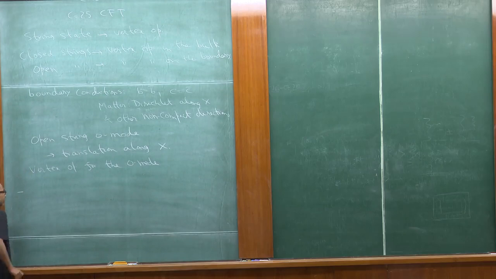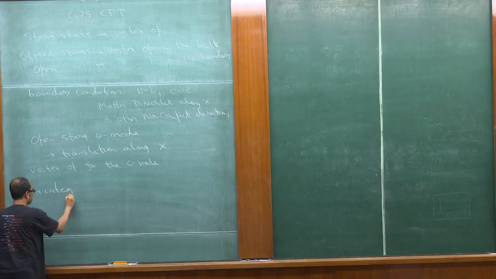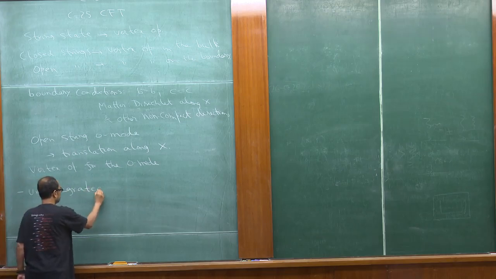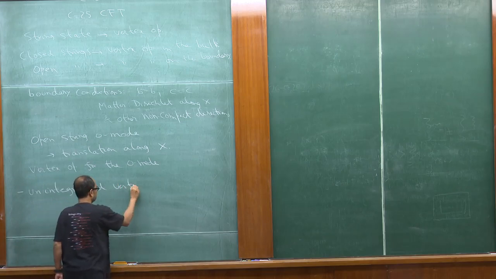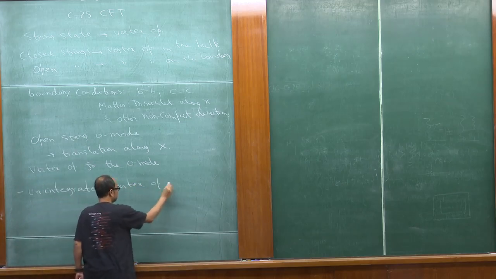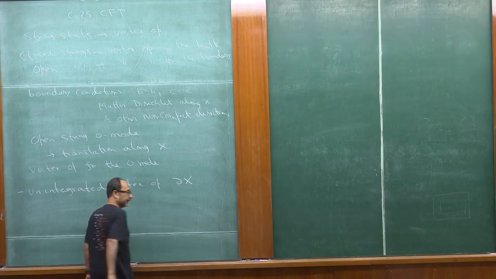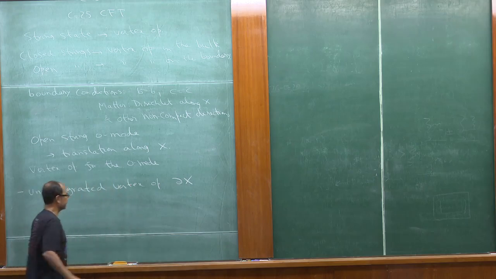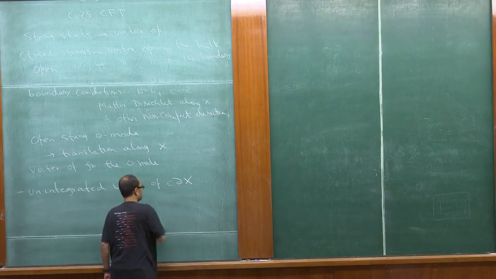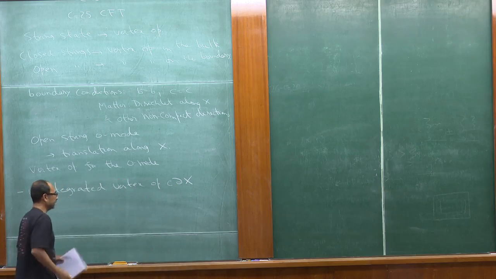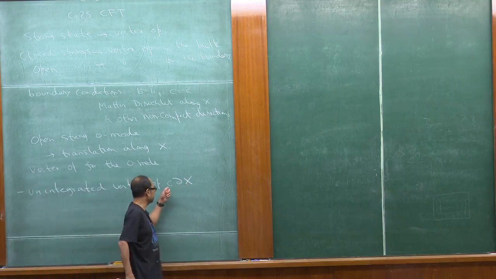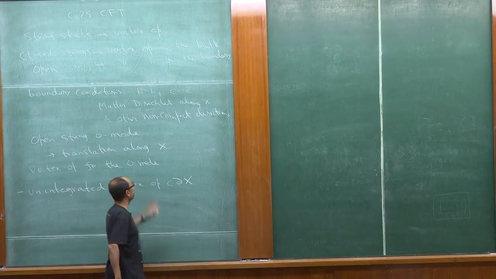So, we can either describe this by what is called the unintegrated vertex operator, which is c ∂x, where x is the scalar field corresponding to the time direction, and c is the c ghost.